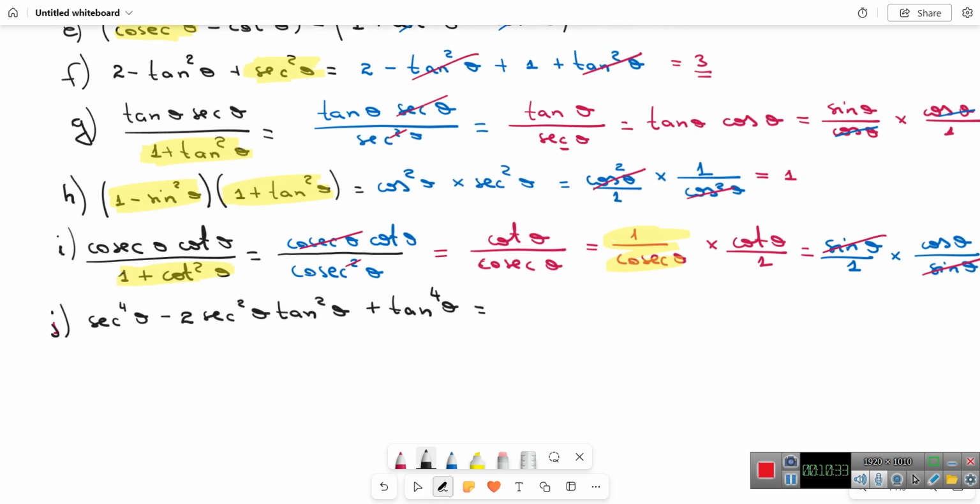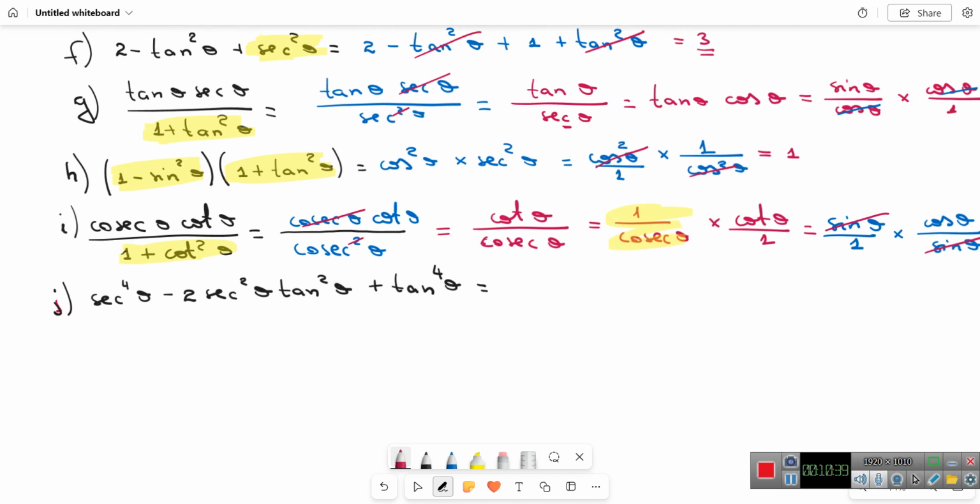I should be able to recognize that a minus b, everything squared, is a squared minus 2ab plus b squared.